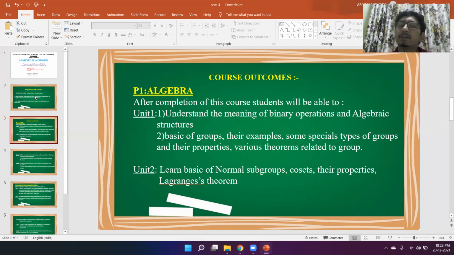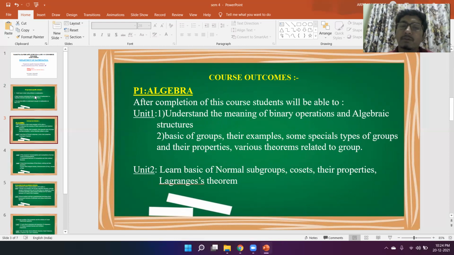Throughout the paper, we will discuss two algebraic structures: one is group and the second is ring. From this unit, the students will be able to understand the basics of groups, their examples, some special types of groups and their properties, like the quaternion group, symmetry group, alternating group, Hamiltonian group, and various theorems related to groups.